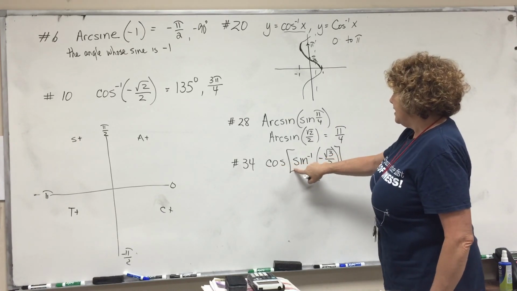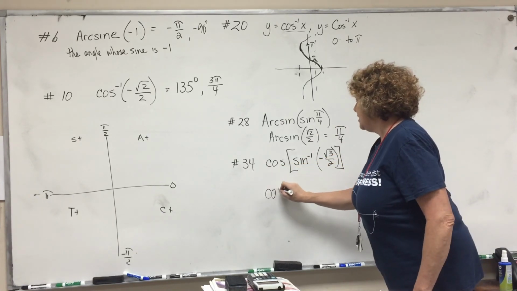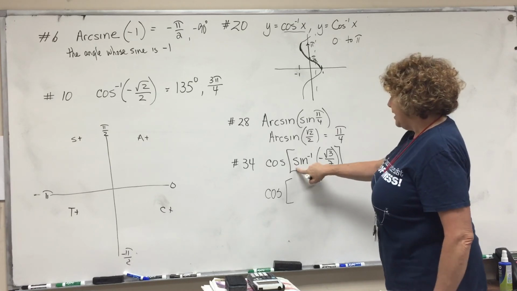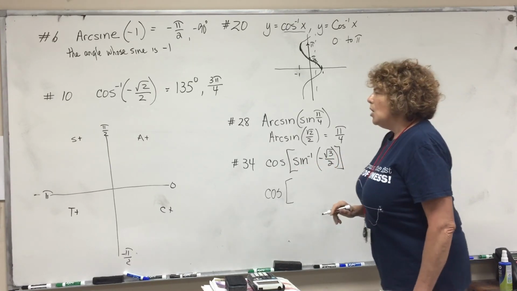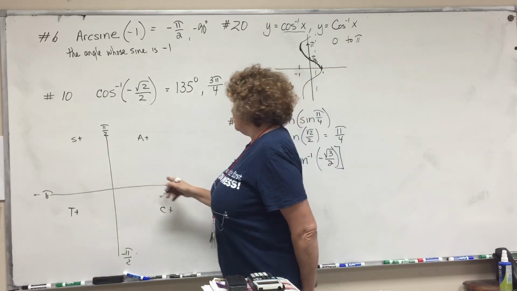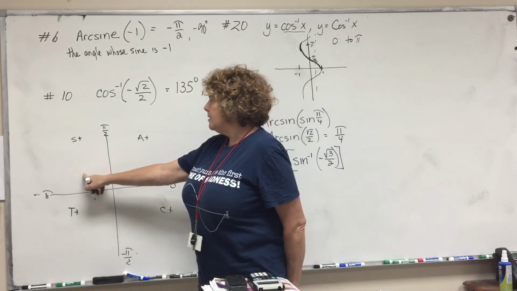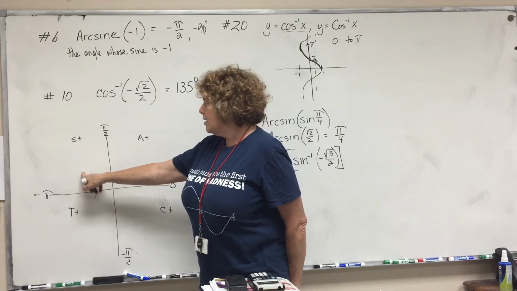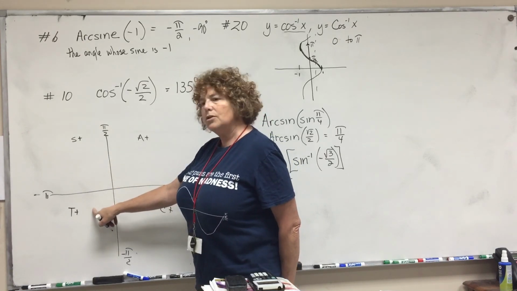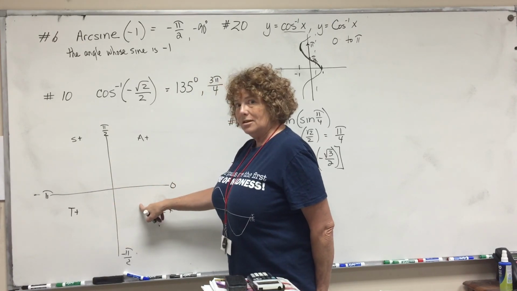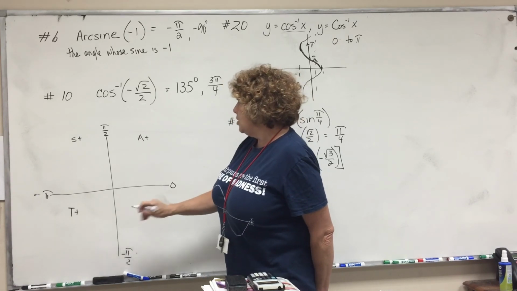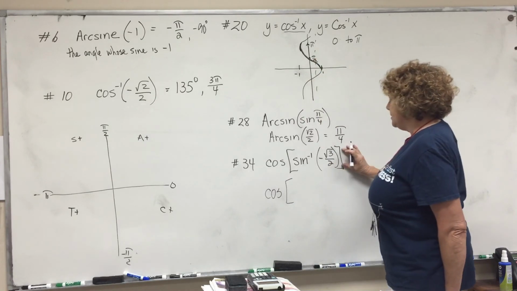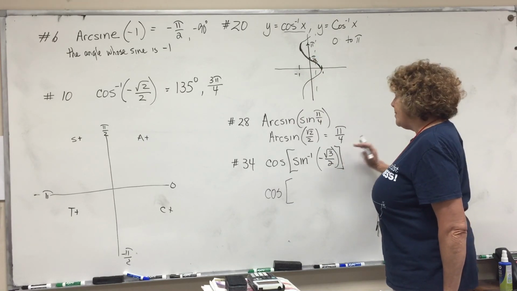So here we go. Let's do this one. Let's write cosine, and the angle whose sine is negative root of 3 over 2. Well, negative root of 3 over 2 would be over here, right? Nope, this is positive. So negative root of 3 over 2 would either be here or here. Okay? So what angle has negative root of 3 over 2?